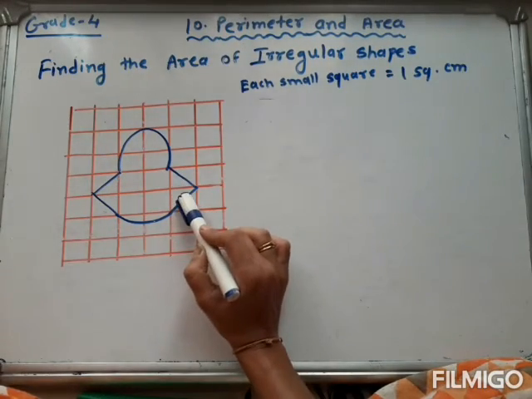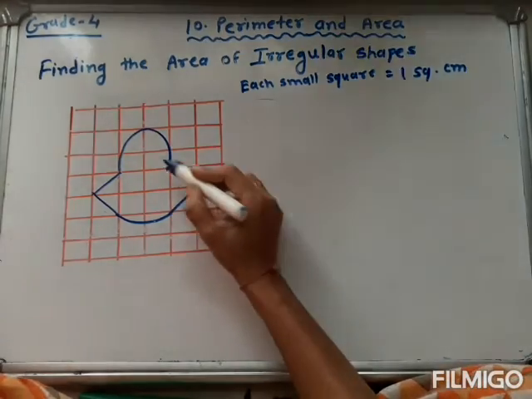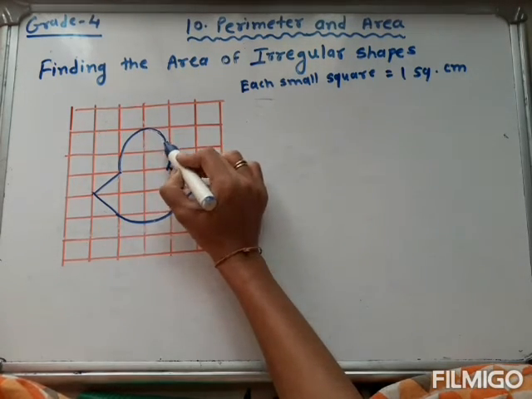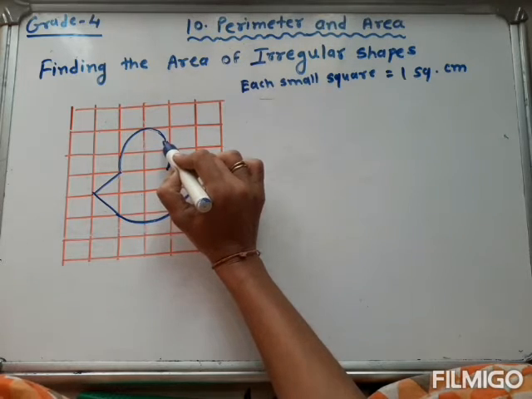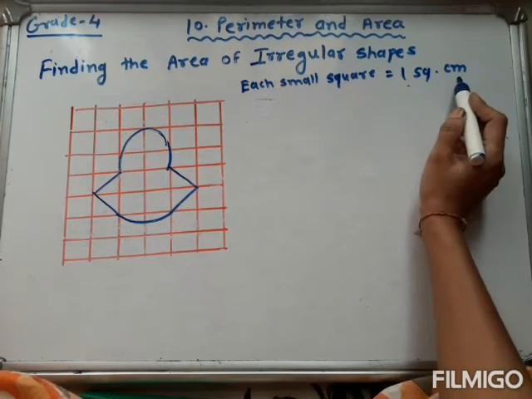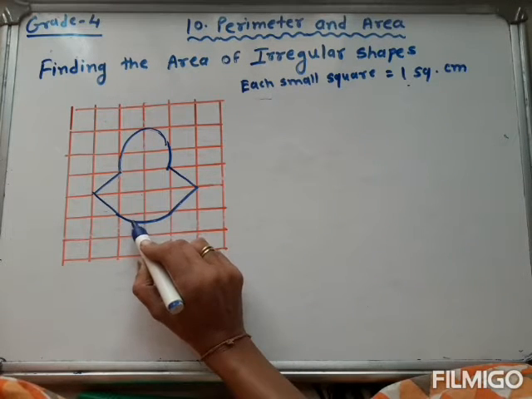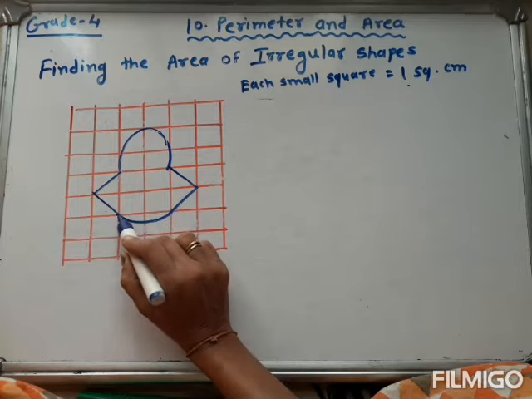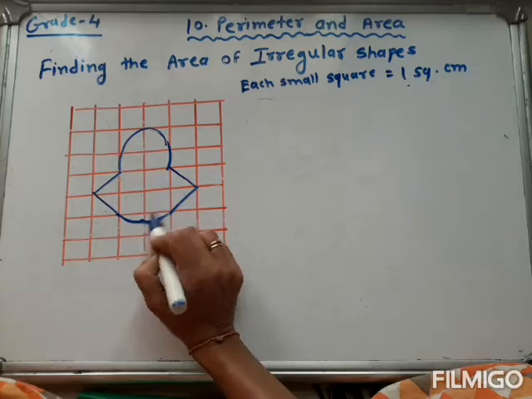See here, this is half, this is again half, and this square is more than half covered. The area of a small square which is less than half is not considered. See here, this square has only this line, so we ignore both of these squares.